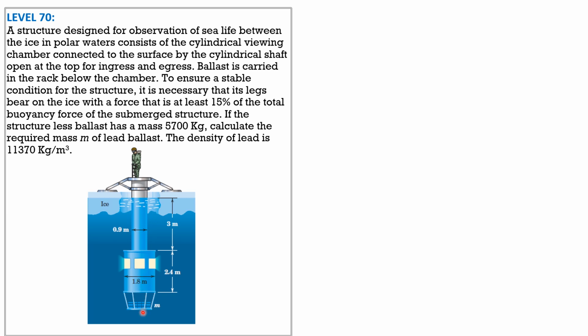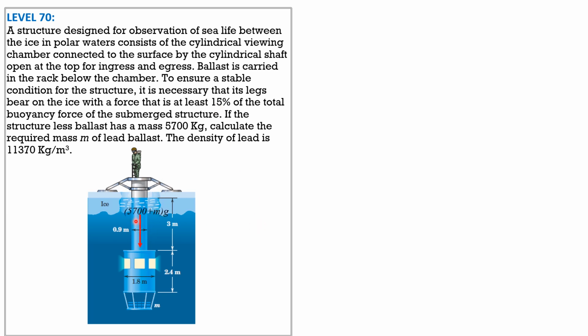Then we have the weight of ballast, which is m, times the volume of lead ballast, then plus the buoyant force, or the reaction here, which is mentioned as 0.15 of the total buoyancy force.